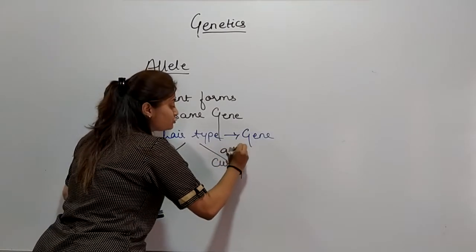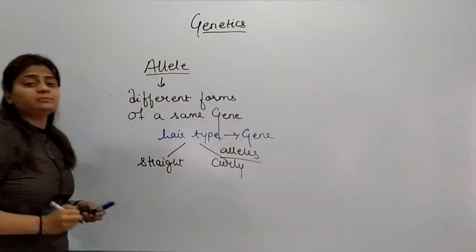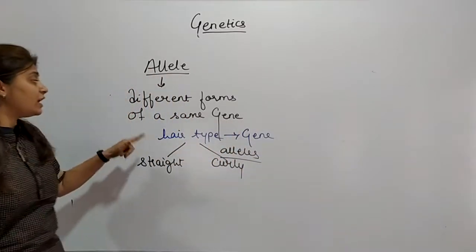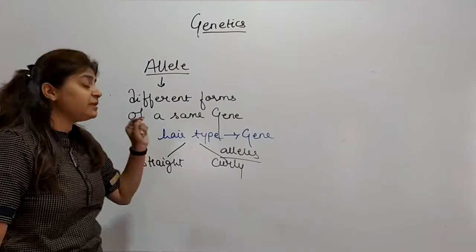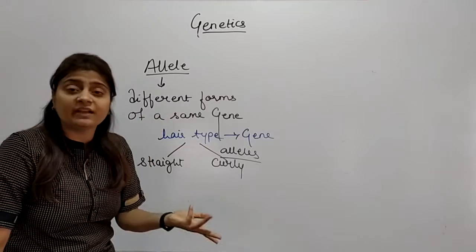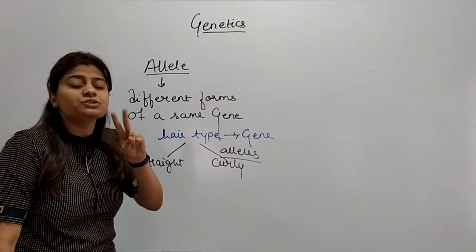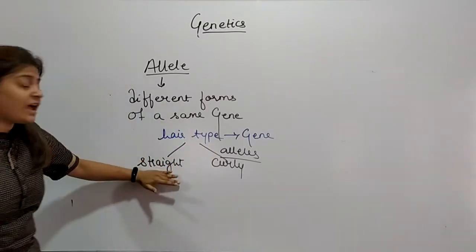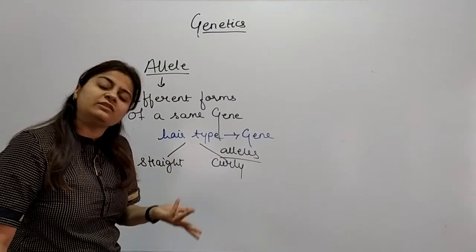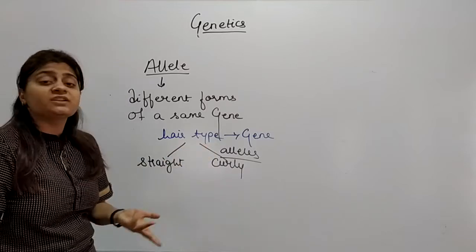These two are the alleles of the same gene. I repeat the definition: alleles are the different forms of the same gene. The gene is only one type, that is, the gene of hair type. Which two forms of hair type do I have? I can have either a gene for straight hair or a gene for curly hair. That is what an allele is.